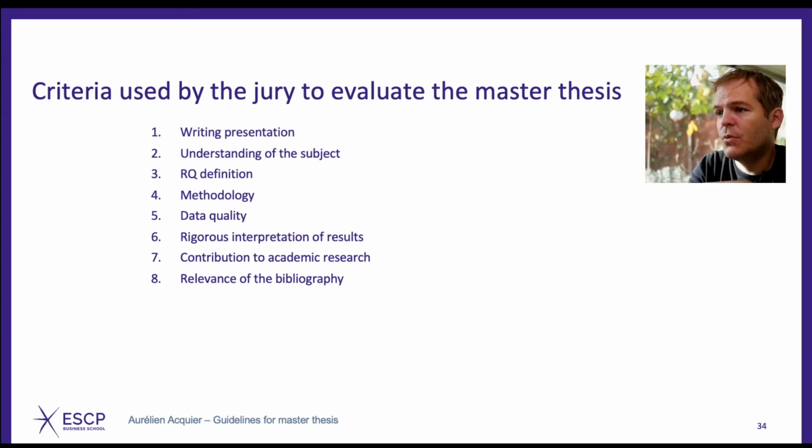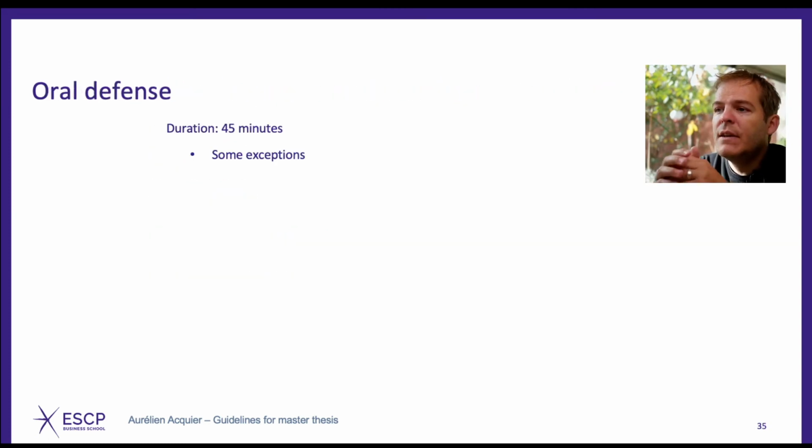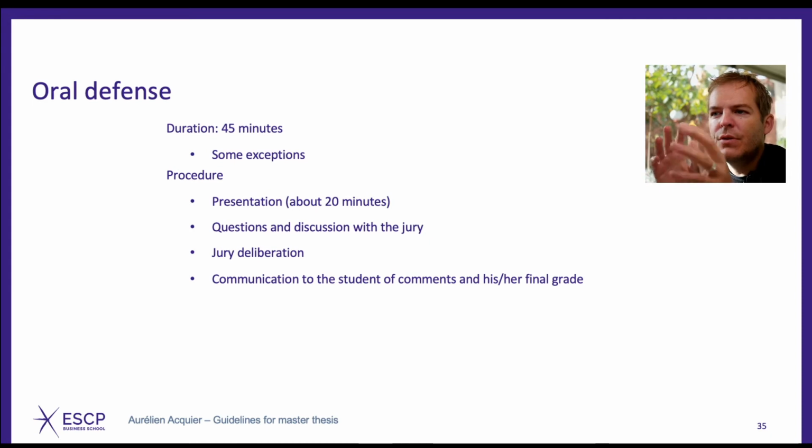with these videos, right? And so a few elements about the oral defense. The duration is between 45 minutes and 1 hour. The typical process is that you present for 20 minutes, and my recommendation is to keep in mind that the jury will have read your work already, so don't be stuck in pure repetition. You make a synthesis of the most important results and the most important parts of the methods.